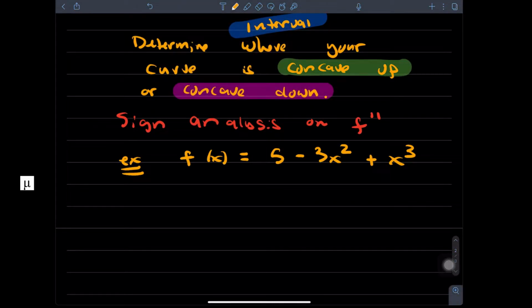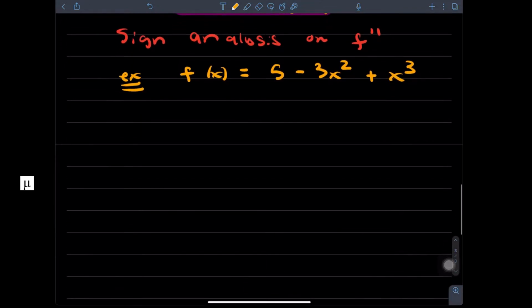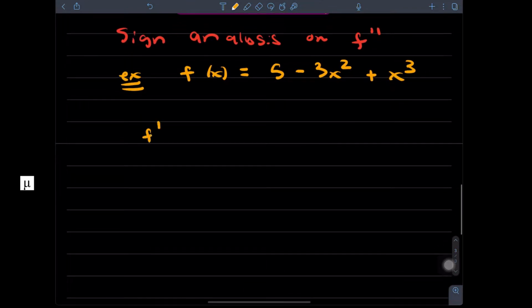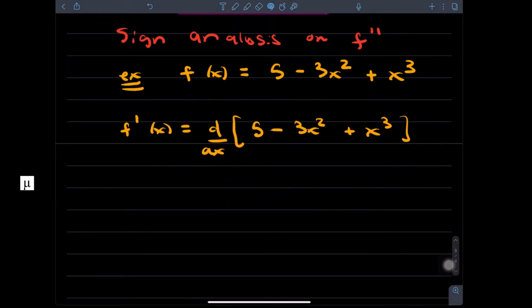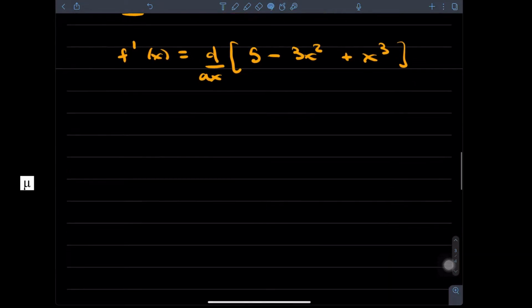Sign analysis on the second derivative. So, okay, hopefully you guys did some derivative question homework. So here you go. You guys ready for that?